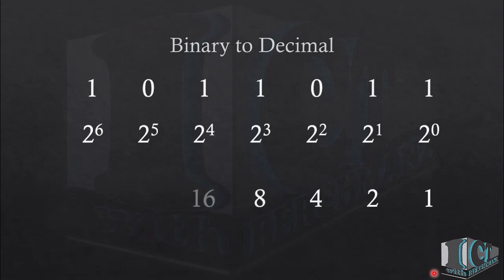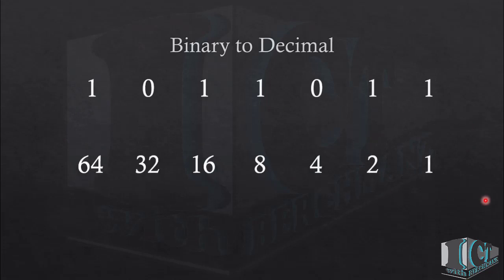Then 8, 16, 32 and 64. So these will be the place values of each position of the binary number. Now we will not need this part, so I will just cancel it off.